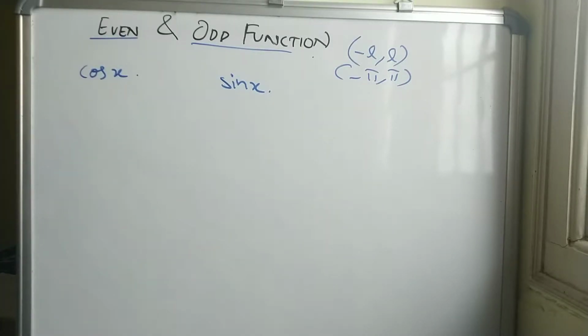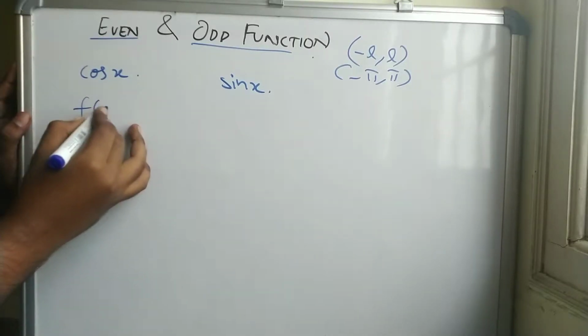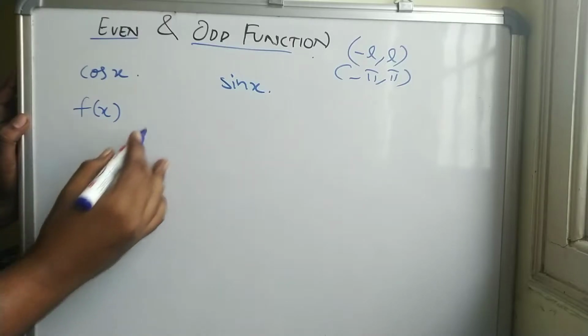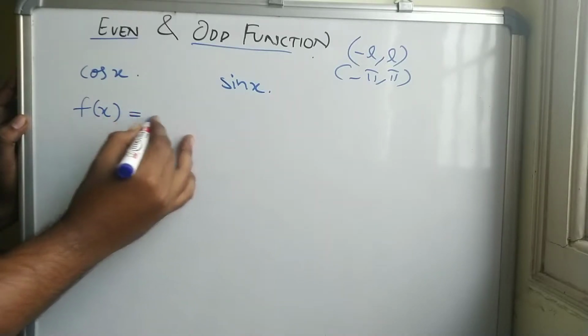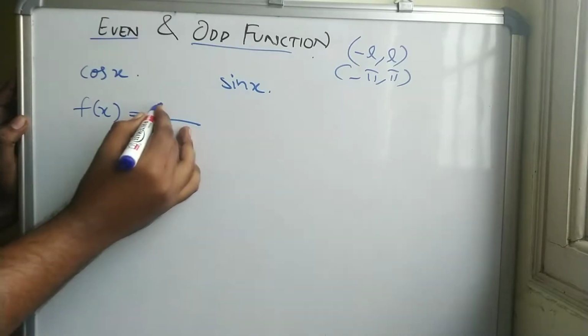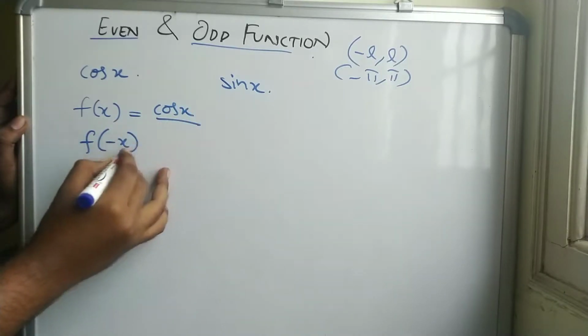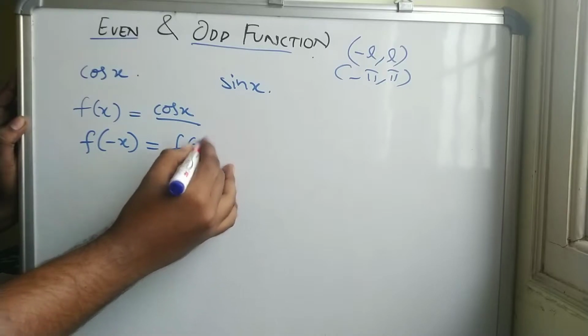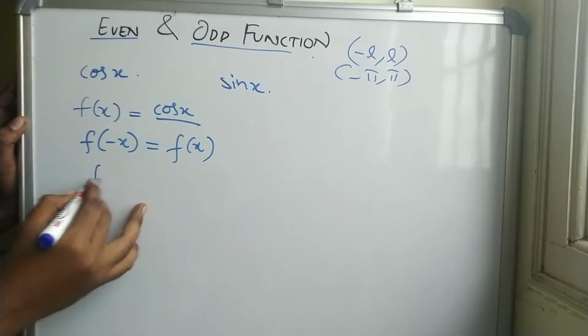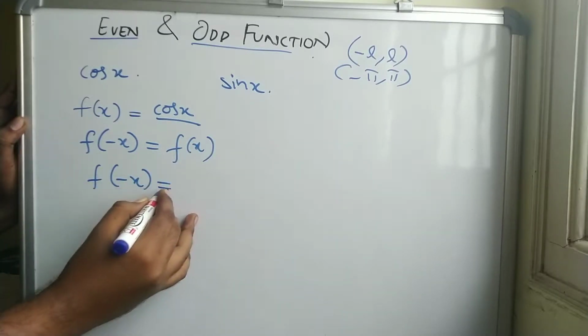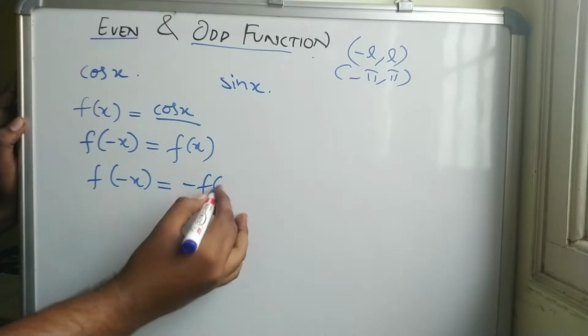The basic thing you need to remember is that f of x is given some value. Suppose we take cos x. Now f of minus x should be equal to f of x, and one more case is that f of minus x is equal to minus f of x.